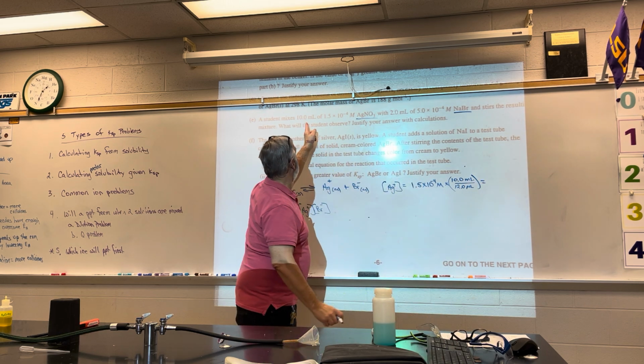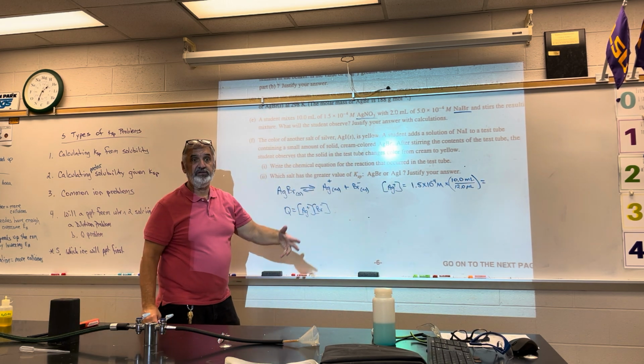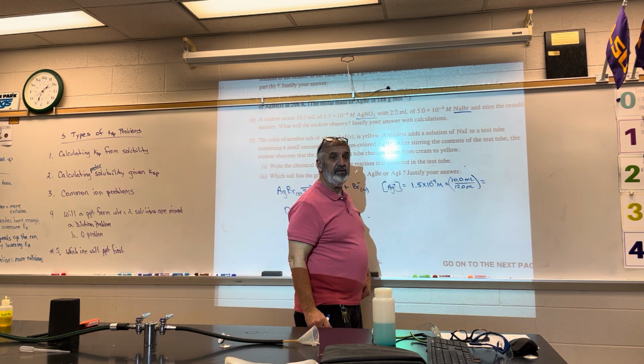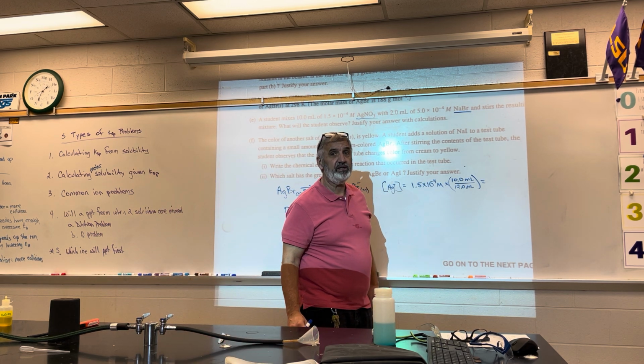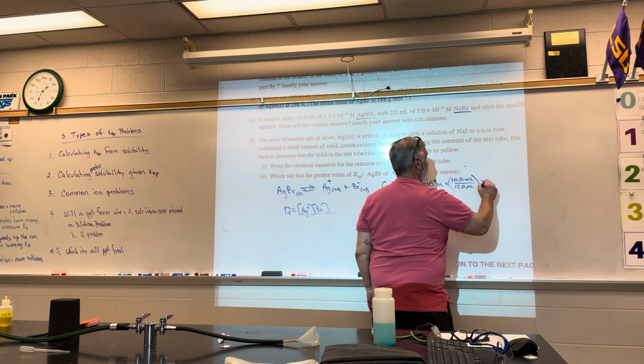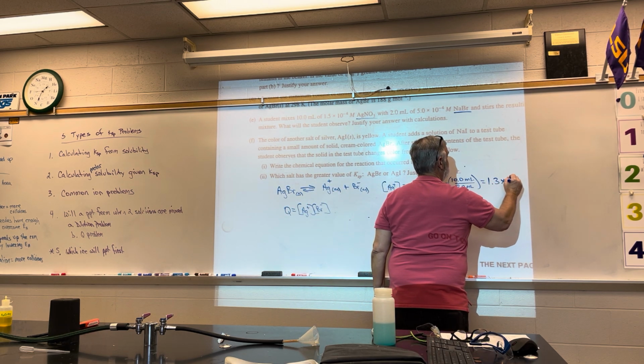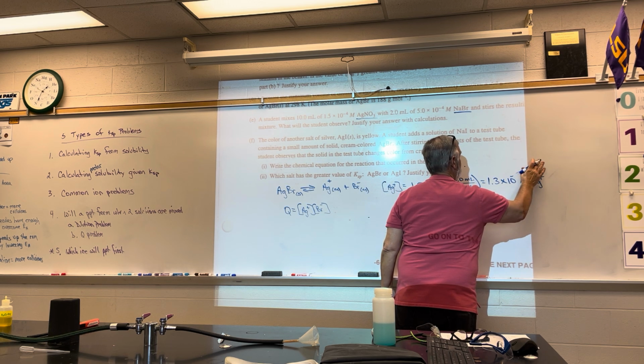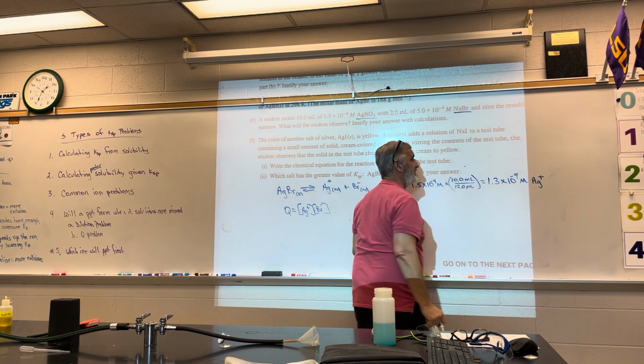Because I start with 10, but I'm going to end up at 12. So 10 twelfths, and that's going to end up equaling, to 2 sig figs, 1.3 times 10 to the negative 4. It's minus 4. You guys talk so softly, I can't ever hear you.